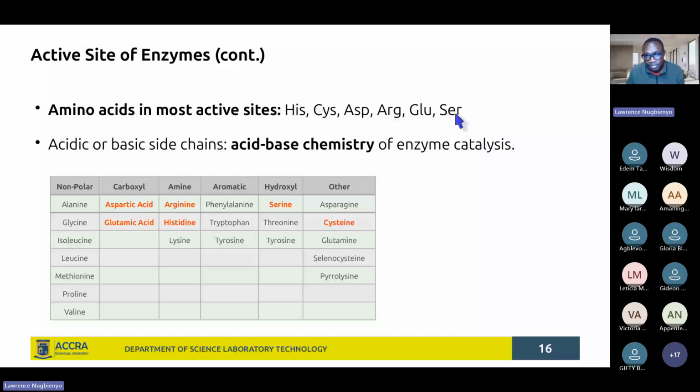So you mostly come across these amino acids in the active sites of enzymes. Now, if you pay close attention, you'll realize that these amino acids that we have mentioned have some acidic or basic side chains.